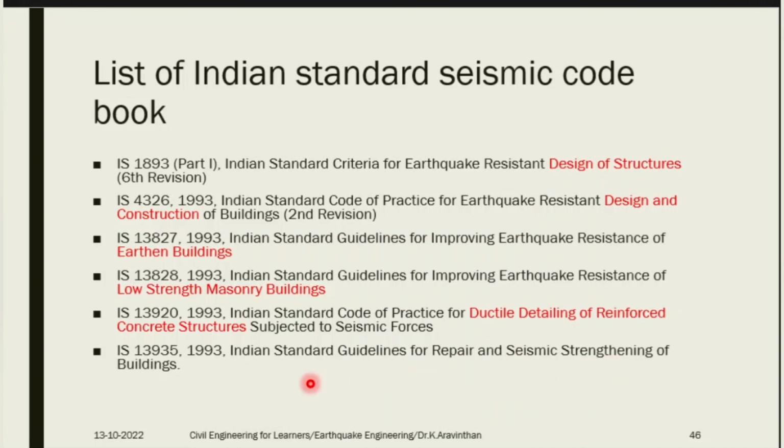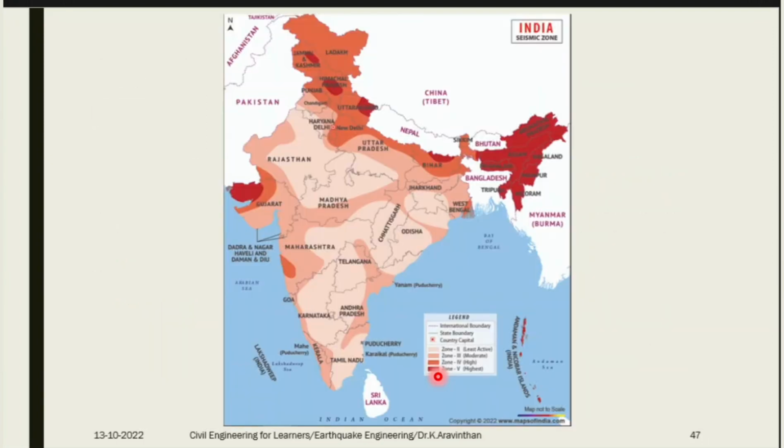This is used post-earthquake. The rest of the code books are used pre-earthquake. If you want to prevent earthquake damage, these five code books should be used. And after an earthquake, the one code book is IS 13935, which will be used for strengthening and repairing.